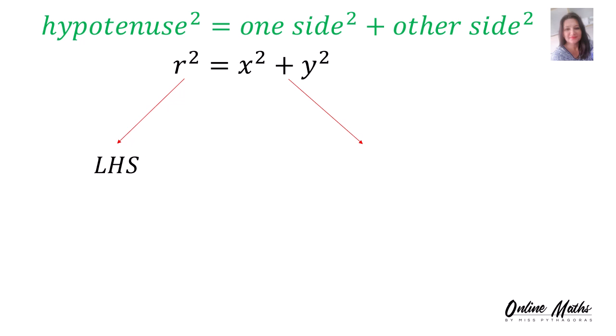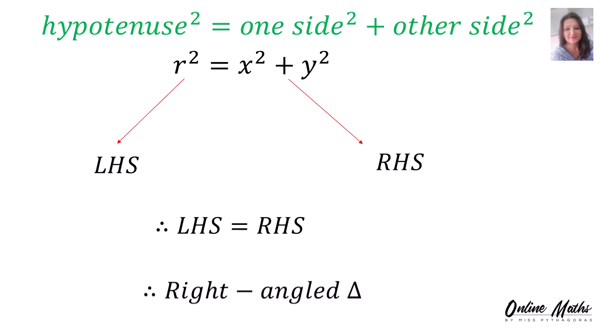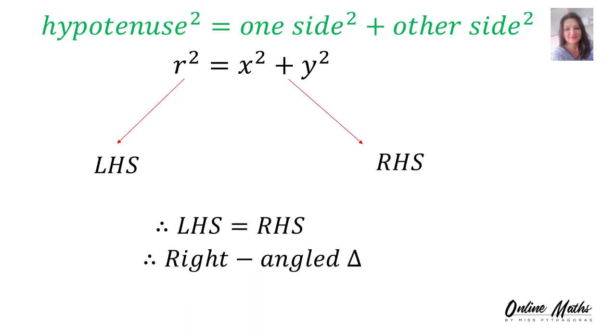That means it's the one side squared plus the other side squared, and you call that the right hand side of your equation. And then when your left hand side is equal to your right hand side, then you are indeed dealing with a right angled triangle. So in fact you are doing the opposite of the Theorem of Pythagoras.